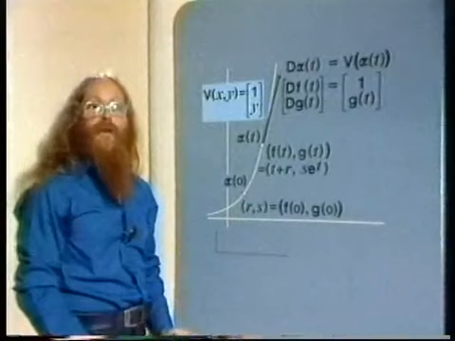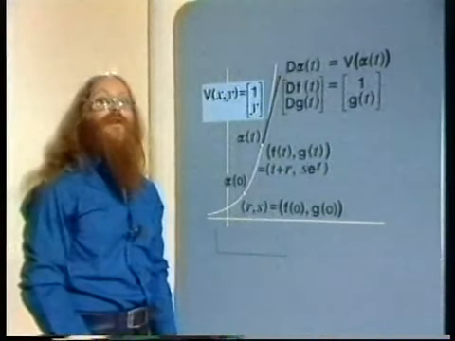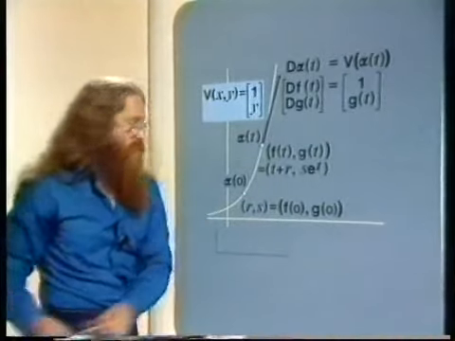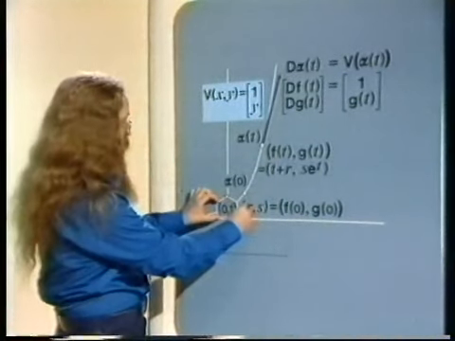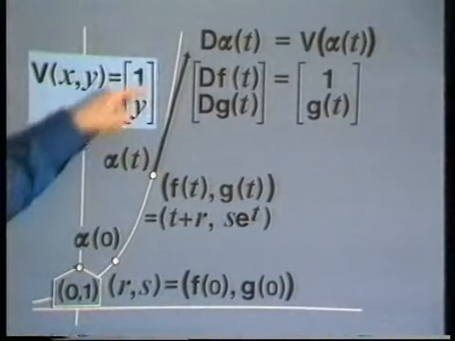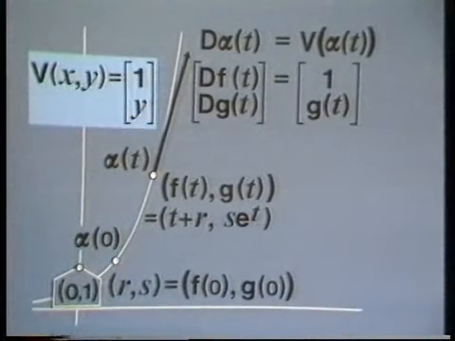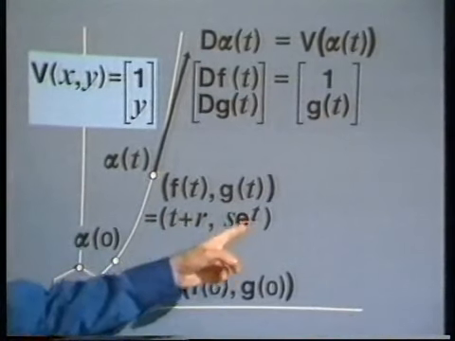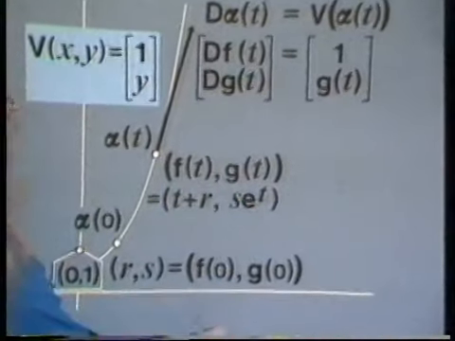Well, notice that r and s could be any real numbers, so we can find a flow function beginning at any point of the plane. For instance, we can find one starting here at the point (0, 1). Of course, we'll get a different flow line, but we can very easily write down an equation for the flow function because here r equals 0, s equals 1, so this becomes t, and this becomes e to the power t, and I've written it down here.